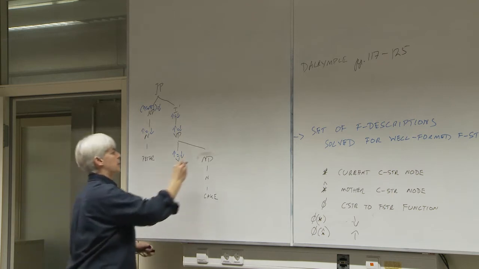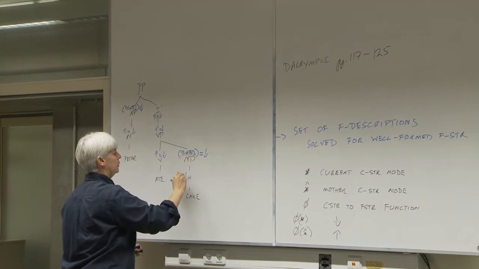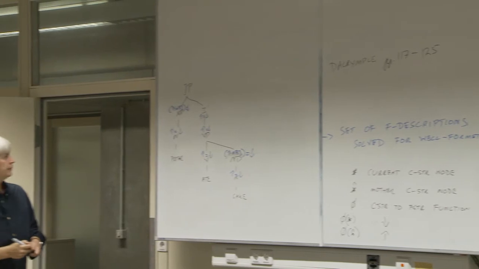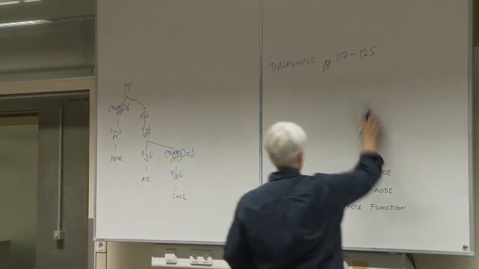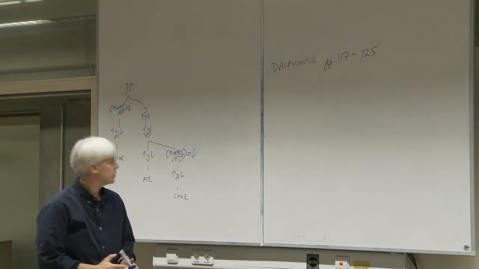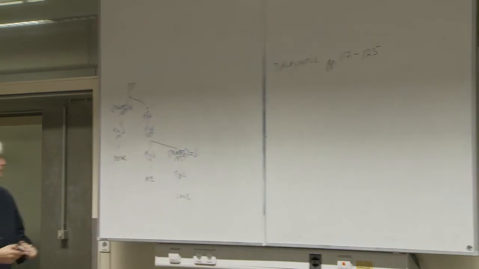This NP is the object. We've got everybody annotated now, a nicely decorated tree. So now let's figure out how to solve this into an F structure.